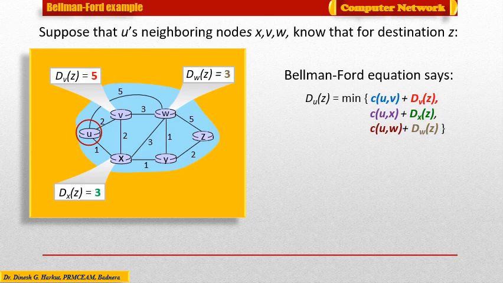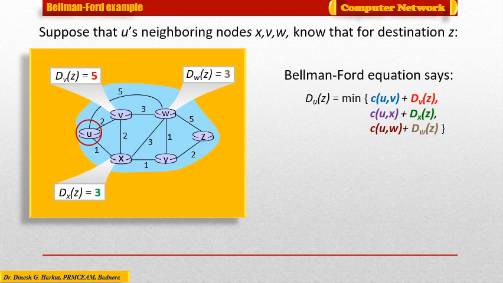Putting these values into the Bellman-Ford equation along with the costs cUV, cUX and cUW: the direct cost from U to V is 2, from U to X is 1, and from U to W is 5.